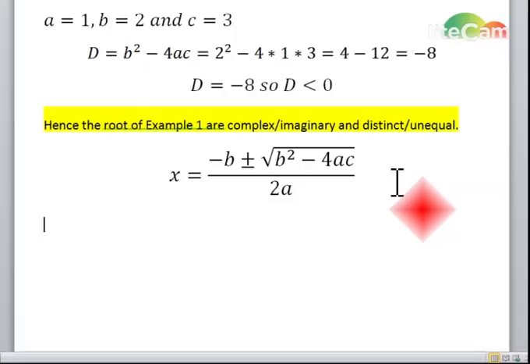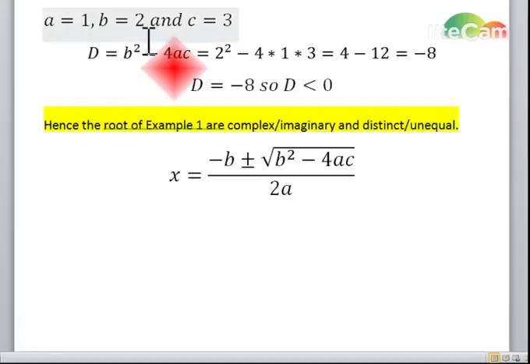Now we will find the value of x, which will be the roots of example 1, to check whether the roots are complex, imaginary or not. As we know that the values of a, b, c are given here, we can find the value of x easily by putting the values of a, b, c in the quadratic formula.